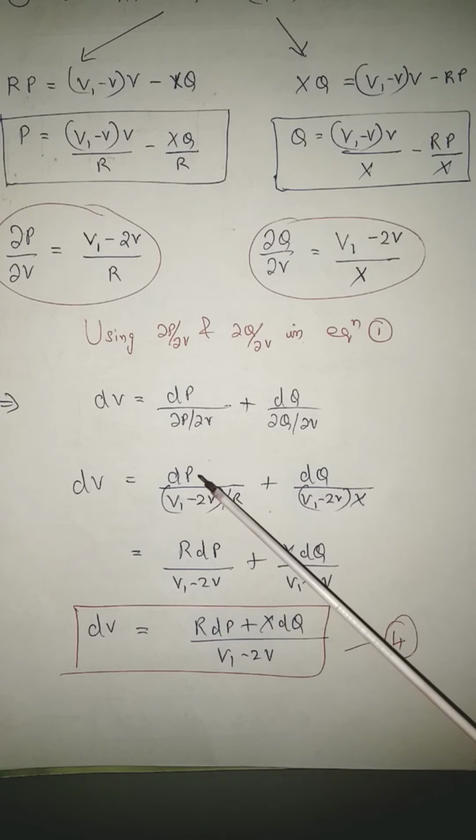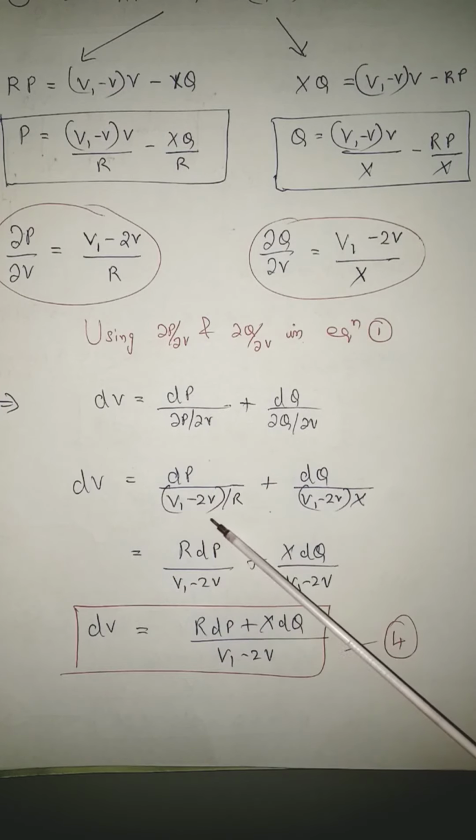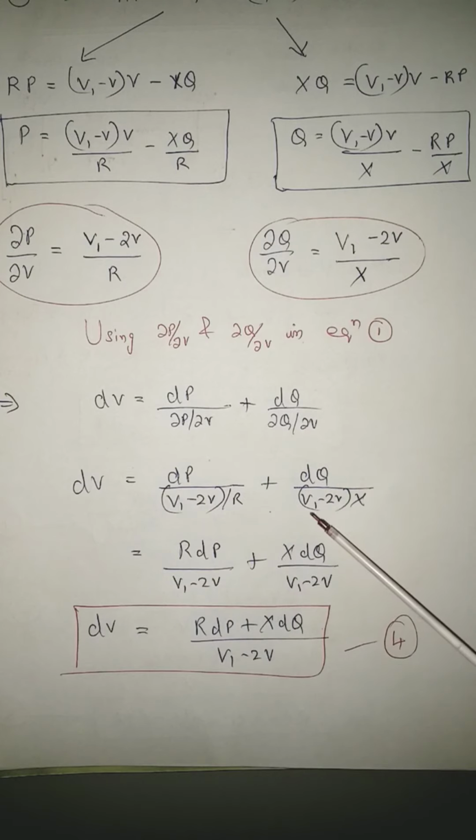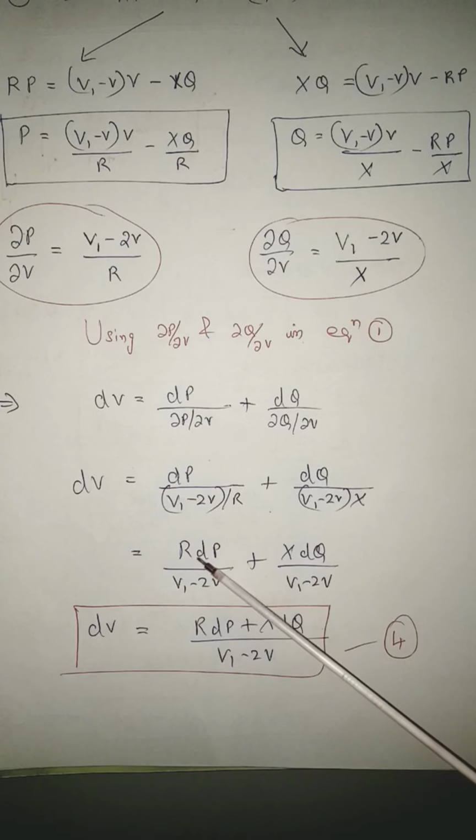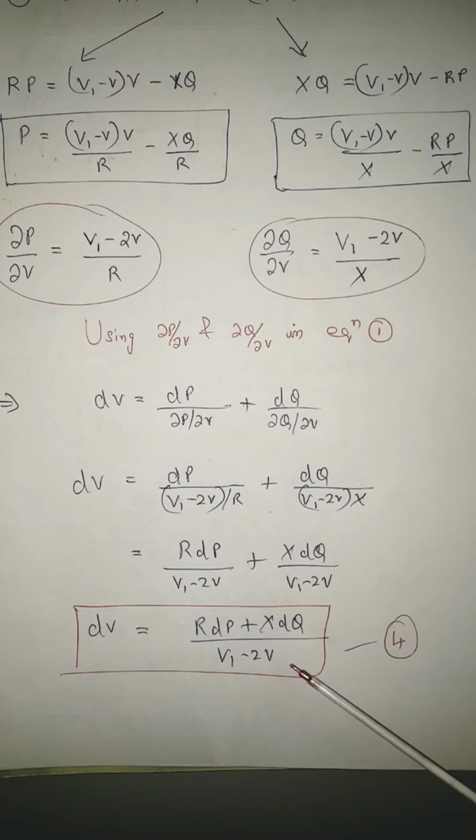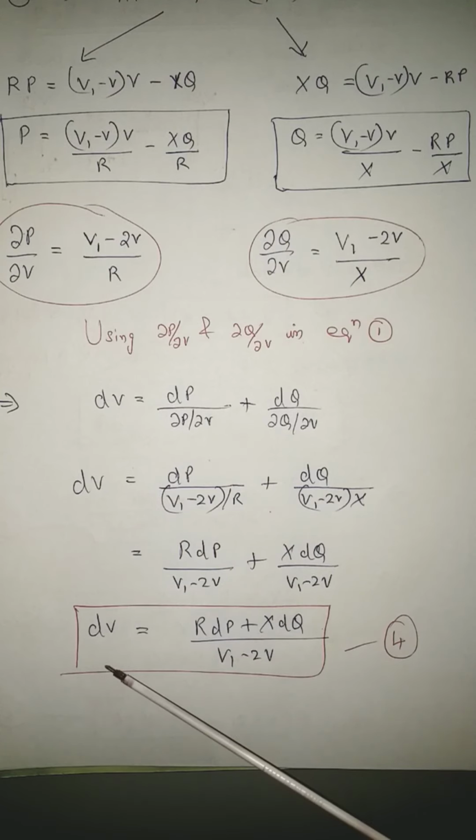I get dP divided by (V1 minus 2V) by R plus dQ divided by (V1 minus 2V) by X. Then it becomes R dP by (V1 minus 2V) plus X dQ by (V1 minus 2V). So ultimately it becomes (R dP plus X dQ) divided by (V1 minus 2V). This is equation number 4. This is the expression that relates active power, reactive power and voltage.